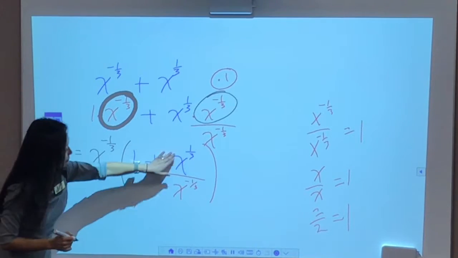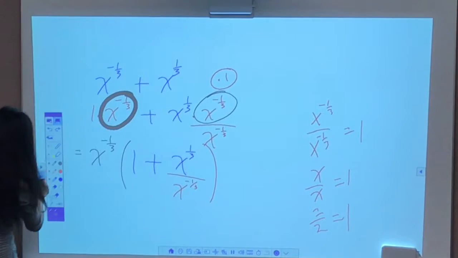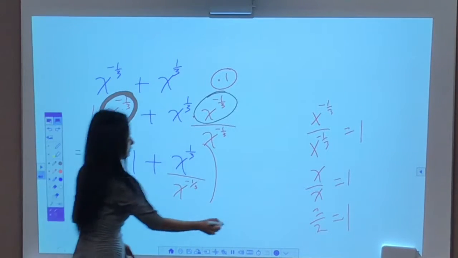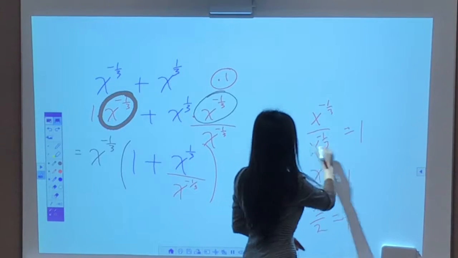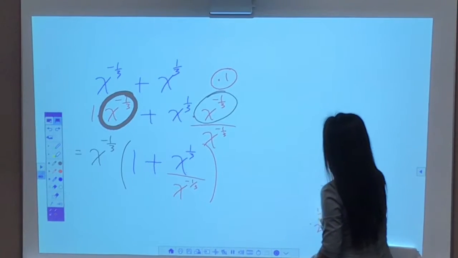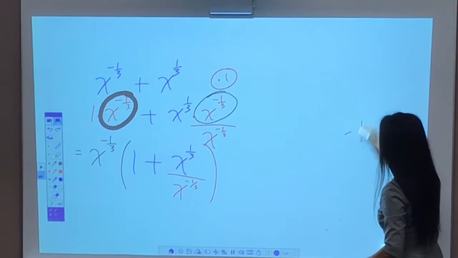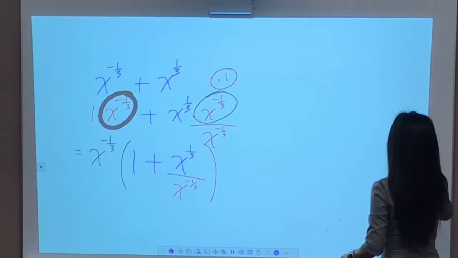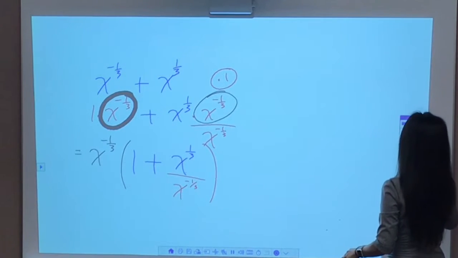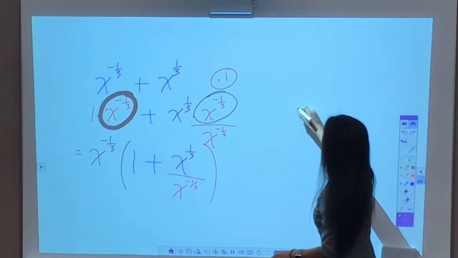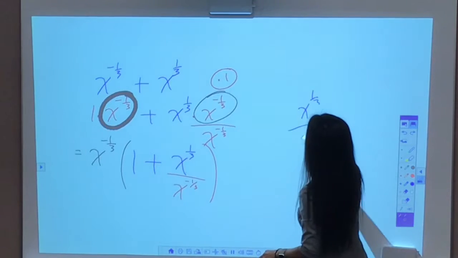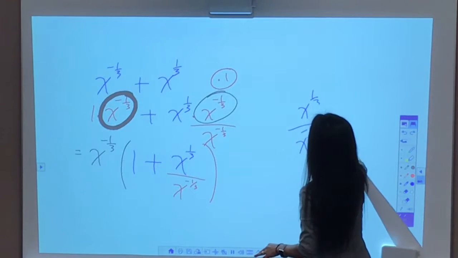Now what do I need to do? Simplify this. What's that equal to? I'm almost done. What's that equal to? 1. According to the power, remember that we learned the expression x to the 1/3 divided by x to the negative 1/3 really means what?